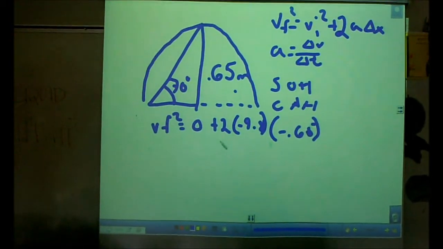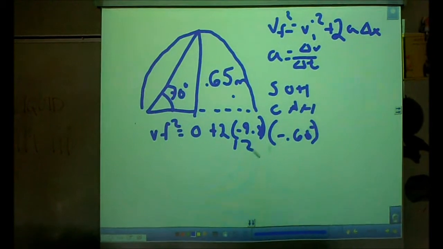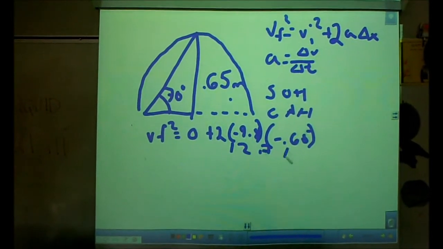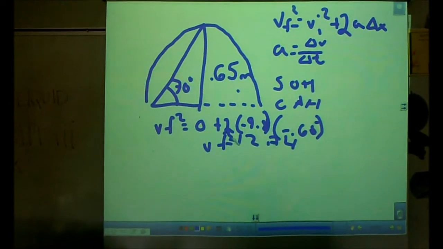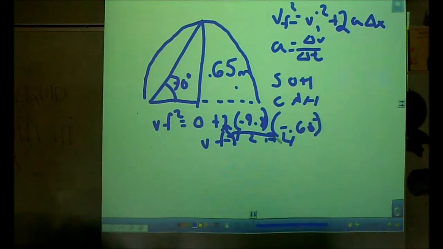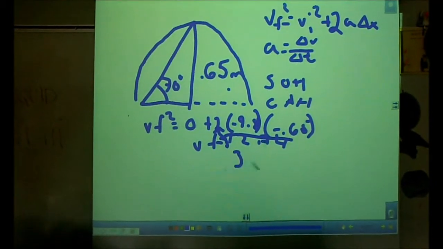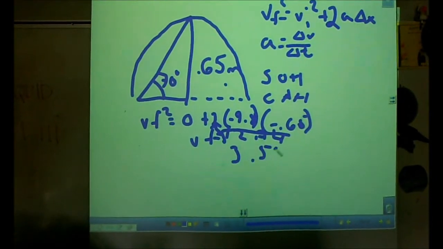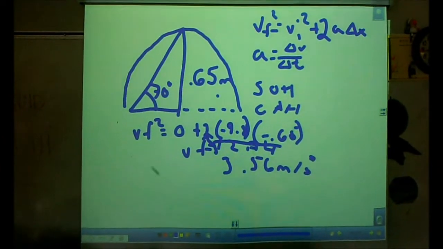To do this, you need to multiply all these three numbers together, and you would get 12.74 equals velocity final squared. Then you need to square root that, and you get 3.56 meters per second.